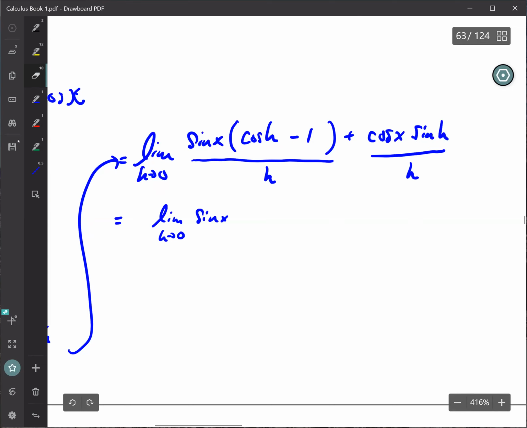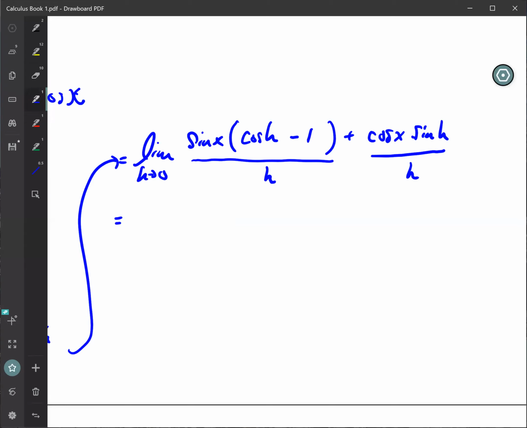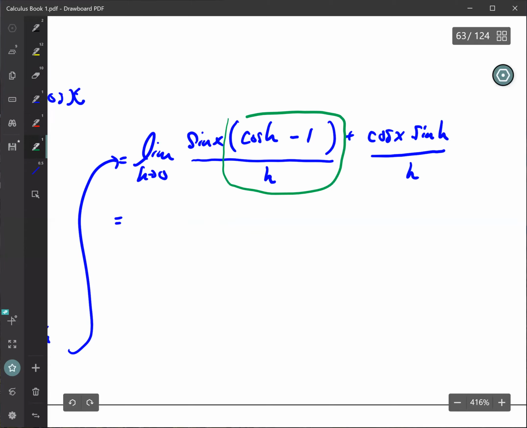Okay, so the way to show it properly, I'm going to rewrite it here. You have two parts, right? You have the sine x, and then Jesse said this is the identity, right? So we can take the limit, because h is approaching 0, so h is the only variable, the only thing that's changing.